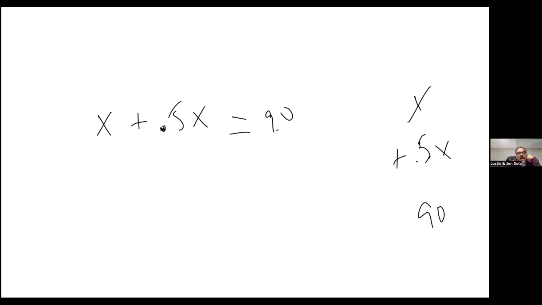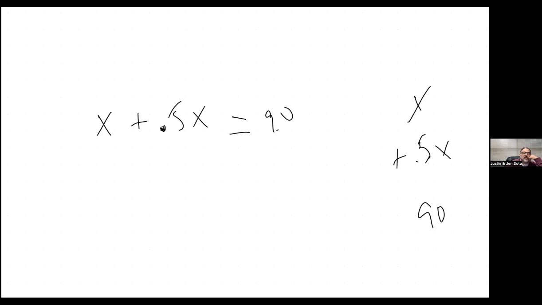You could almost do this in your head, honestly, couldn't you? Because a measurement, what two numbers, one when added to half of its number equals 90? Yeah, there you go. Ariana, good job. It's the lower of those three numbers that you have, but you have both of the numbers of the two angles.